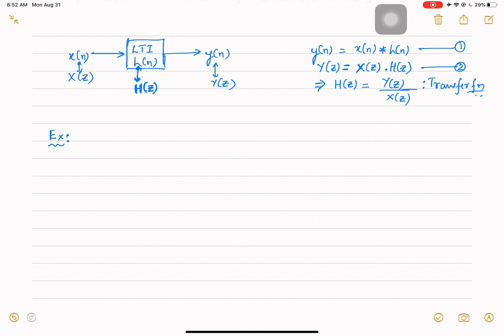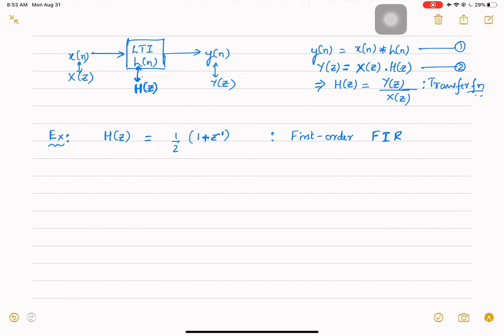So one of these is a first order FIR. FIR stands for finite impulse response.